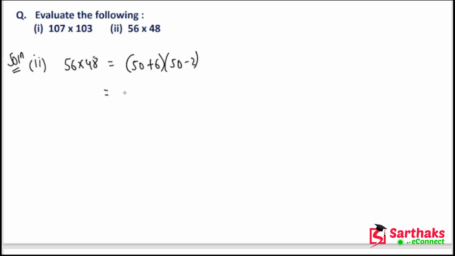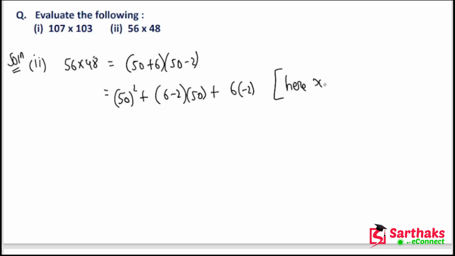So it will be x square plus (a + b)x, that is (6 minus 2) of x, x is 50, plus ab. So you can write here x equal to 50, a is equal to 6, and b is equal to minus 2.